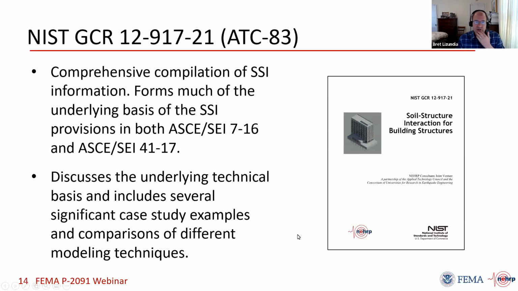So I mentioned this next document a couple of times. This is its oh so sexy cover, but on the other hand, there's a lot of really great information. This was led by John Stewart, a professor at UCLA, and one of his graduate students, and then a whole team of other people. I was part of that, but this is a great resource for all kinds of things, including a bit of the background on where many of these provisions come from, and additional information that goes beyond what's in the building code.